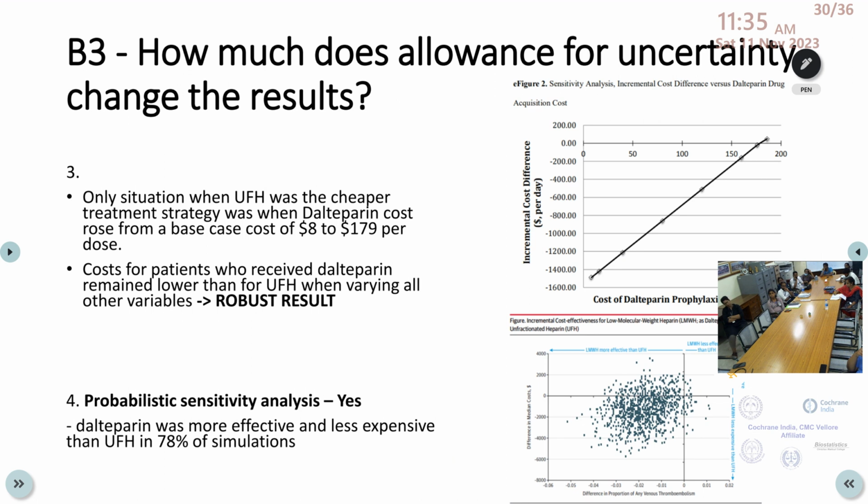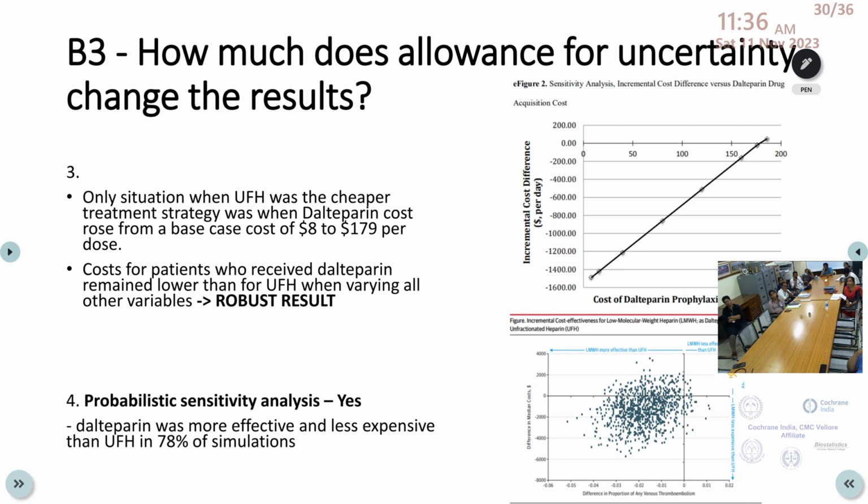The next thing is, they did multiple one-way analyses, and they found that everything held except when the cost of dalteparin was increased exponentially. When the cost of dalteparin in the study was 8 and was made more than 179, that was the only time when the treatment strategy by unfractionated heparin was cheaper.